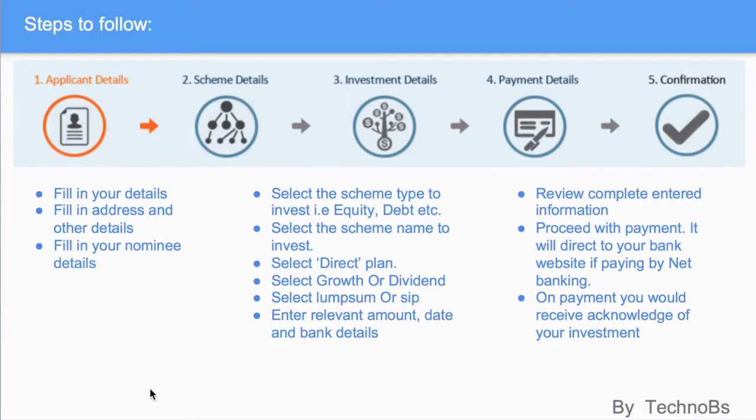Once you choose, let's say, equity mutual funds, you will be shown all the mutual fund schemes provided by that mutual fund company as part of equity schemes. So you can select one scheme name that you're really interested to invest in, and then you will be asked whether you want to go direct plan or through a broker or advisor.